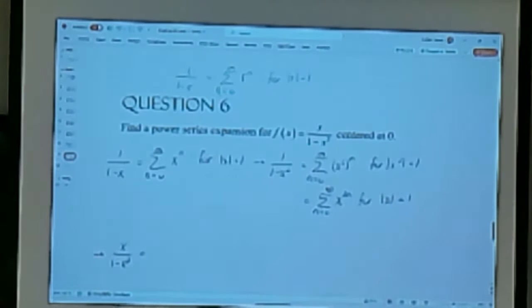So take our series and multiply by x, which for geometric is c. What is x times x to the 2n? x to the 2n plus 1. There's your series expansion.